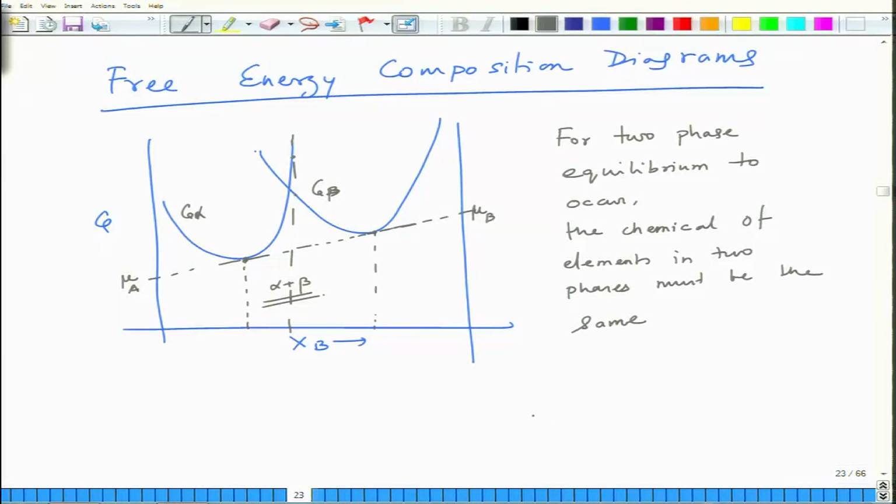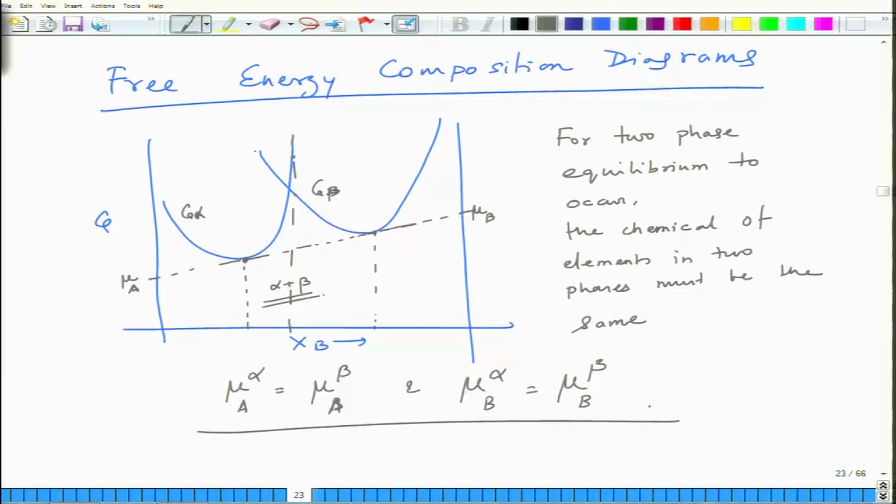What it means is that the chemical potential of A in alpha is equal to the chemical potential of A in beta, and the chemical potential of B in alpha is equal to the chemical potential of B in beta.